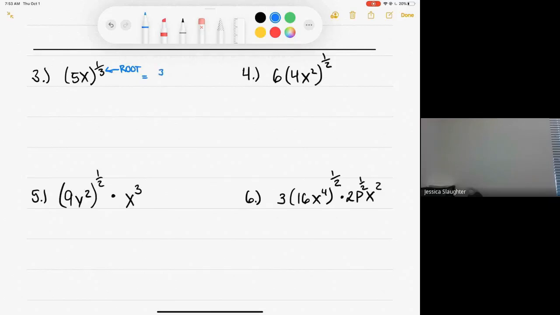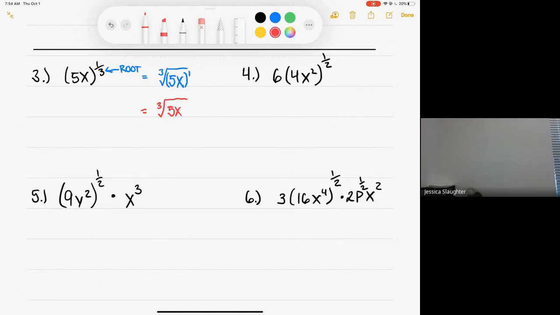This becomes the 3rd root of whatever's inside those parentheses, which in this case is 5x. And again, 5x would be raised to the power of 1, but I don't need the exponent of 1, I'm just showing you that it's there. So this is the cube root of 5x.